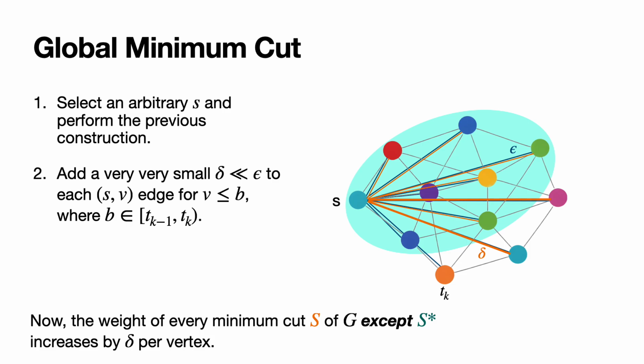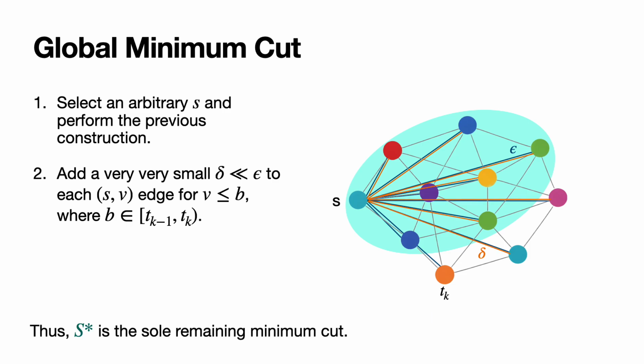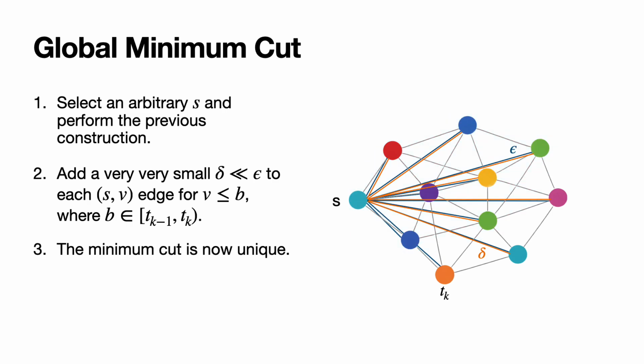And Tk is the only vertex on the opposite side of S in any minimum cut which didn't receive this extra delta weight, right? So S star is the only cut which didn't receive delta per vertex. Thus, S star is the sole remaining minimum cut. And the minimum cut is now unique, so we can run any randomized algorithm.